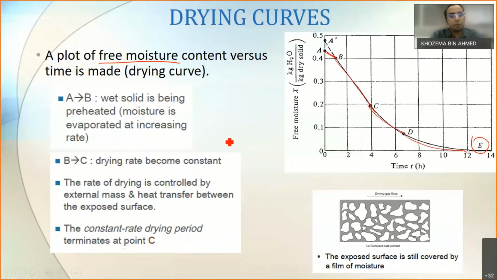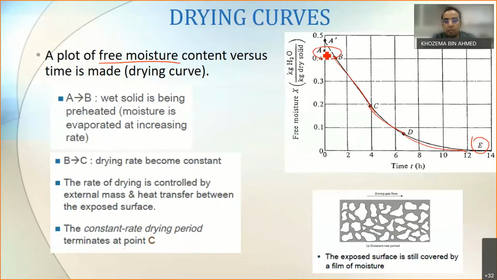The explanation for A to B is that the wet solid is being preheated. Moisture is evaporating at an increasing rate. So A to B is our preheating process, which is where you start.